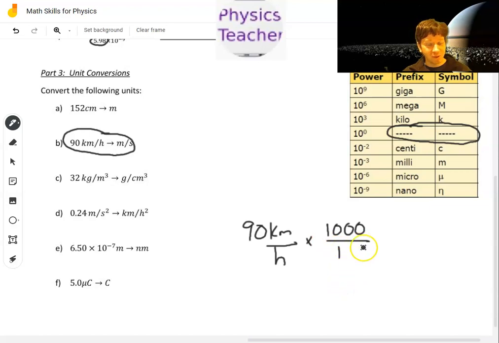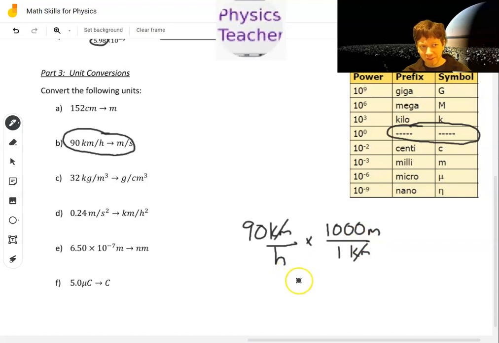Certainly doesn't look like 1, but if you include the units, 1,000 meters for every 1 kilometer, well, 1,000 meters is 1 kilometer, so that ratio is 1. But I can cancel the kilometers now, because we have 1 in the numerator, 1 in the denominator, they cancel.